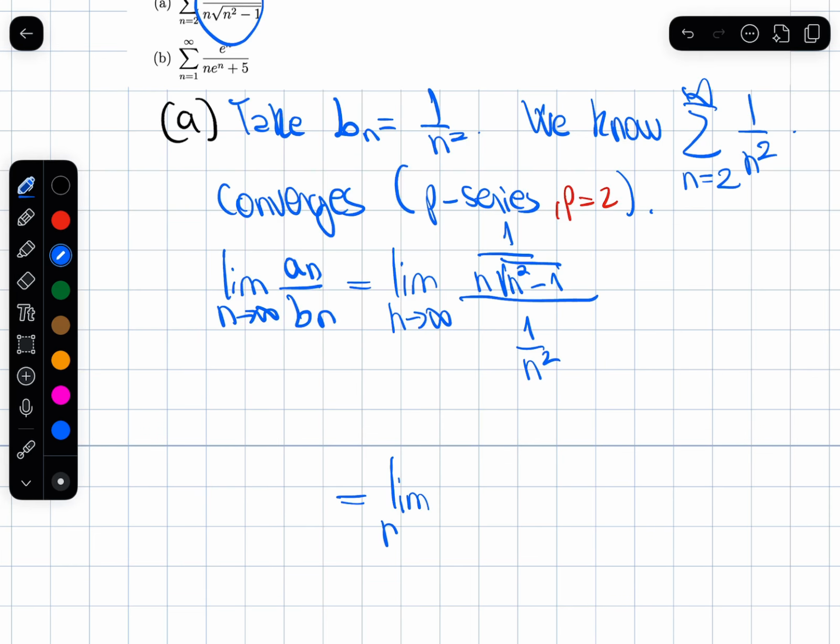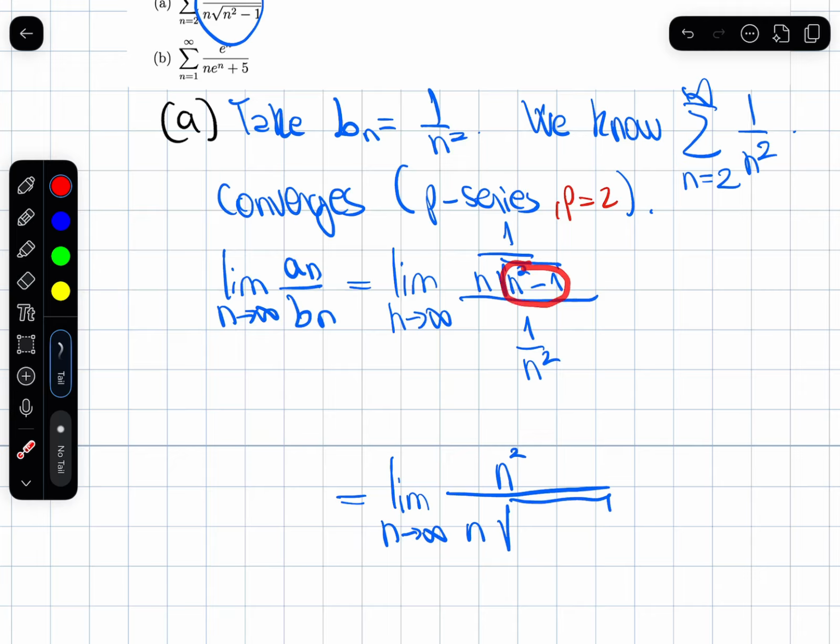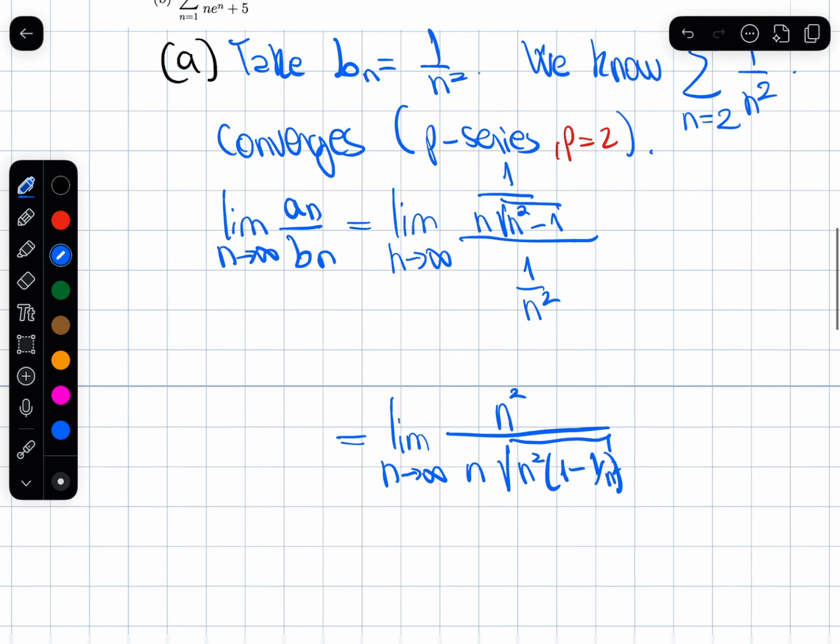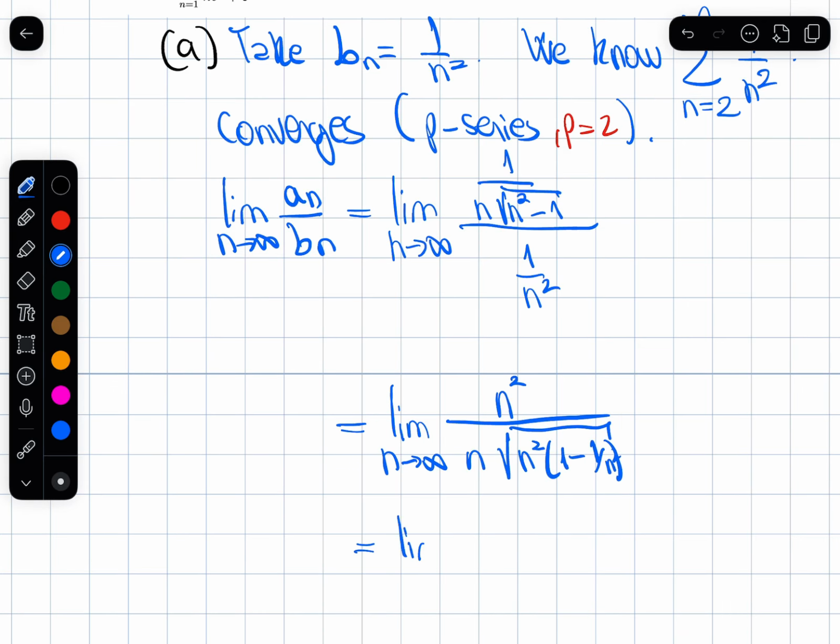So n goes to infinity. Division of fractions, repeat the first fraction, multiply by the other one upside down. I get n squared over n times the square root of this. So on this square root, I'm going to factor n squared to get 1 minus 1 over n squared, like this. So limit n goes to infinity.